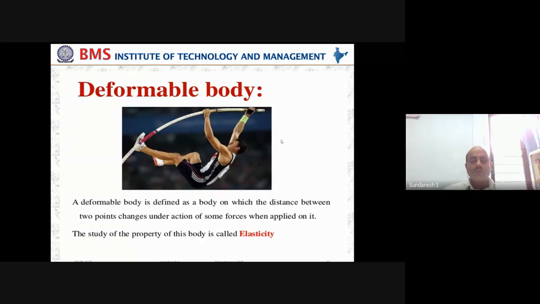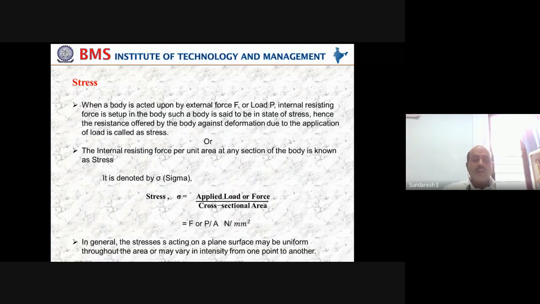There were almost 10 to 11 mechanical properties we discussed in the last class, right? And at the end, I gave a definition of stress, and also what is the SI unit of stress. Okay. For just a minute, we will recall the things we discussed in the last class.